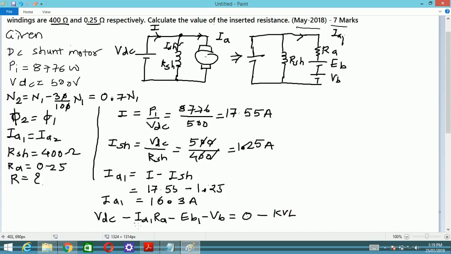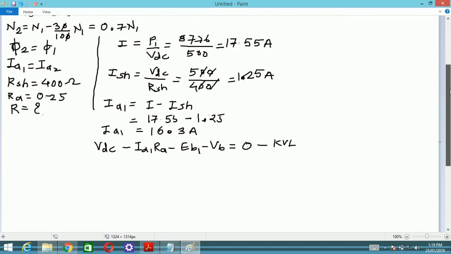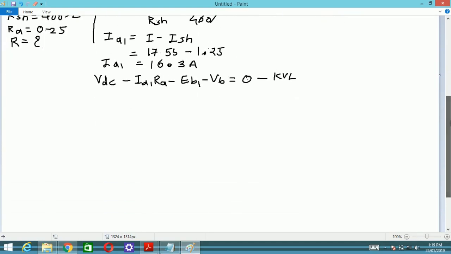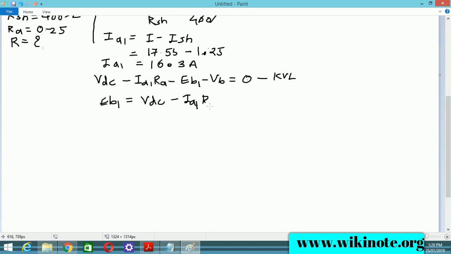Now I know VDC, I know IA1, I know RA. V brush is not given, so simply neglect that part, but if it is mentioned, you have to consider it in the numerical. So I will write EB1 is equal to VDC minus, taking EB1 to the right hand side, IA1 into RA.